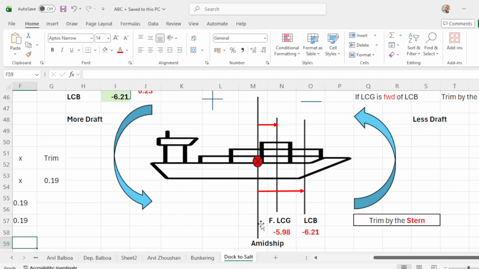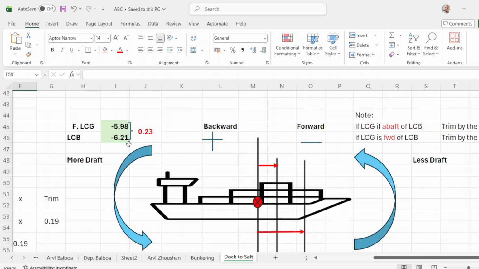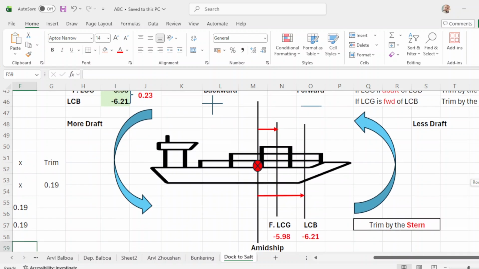So meaning your final LCG is behind this LCB. By analyzing this figure, your LCG is behind. So this one you can clearly see that final LCG is behind.